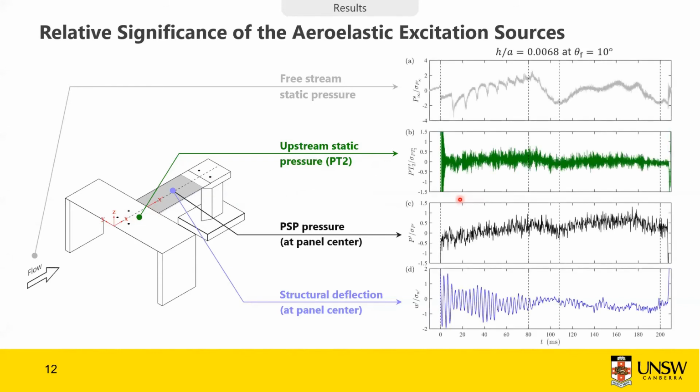Looking at these results, again for the thicker panel at a flow deflection angle of 10 degrees, we can see that the structural deflection tends to shift from a structurally dominated regime to a fluid dominated regime. What we have first resembles the response of a free vibration, like when we do an impact hammer test and have a natural decay of the response.